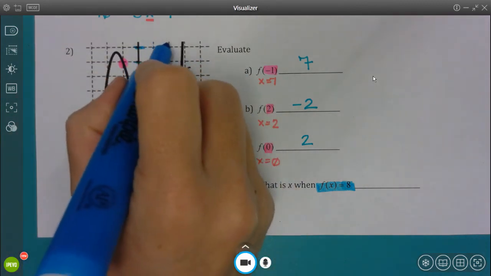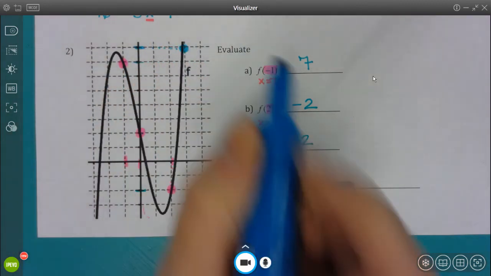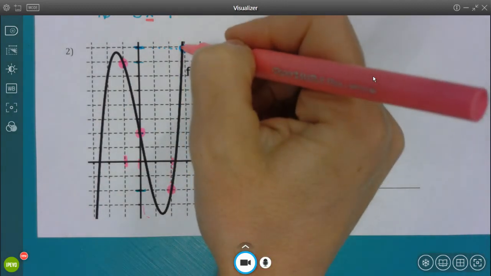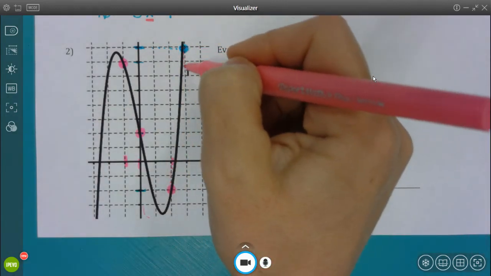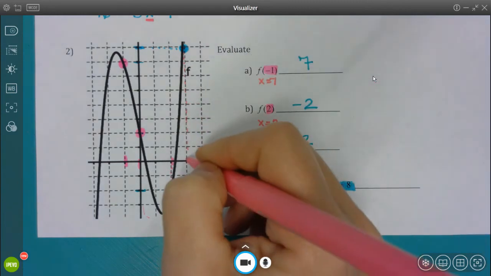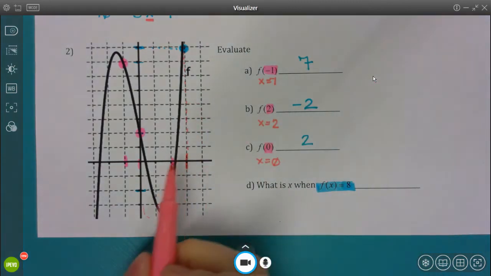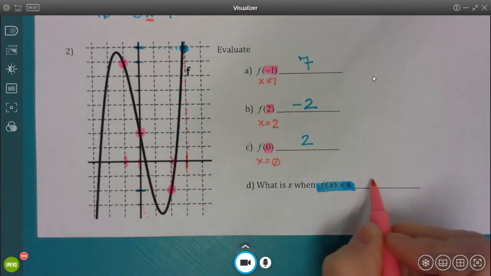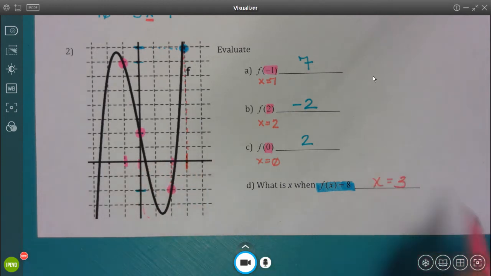I'm going to go over to this point here. And I'm going to estimate here since we're off just a teeny tiny bit, and I'm going to use this next tick mark as my estimation. So here's my x value, 1, 2, x equals 3.